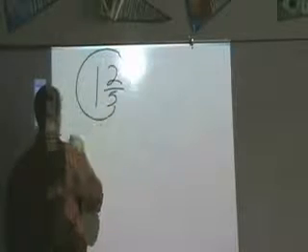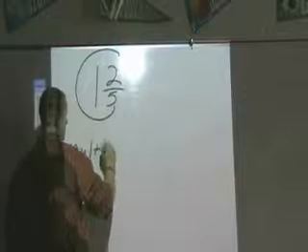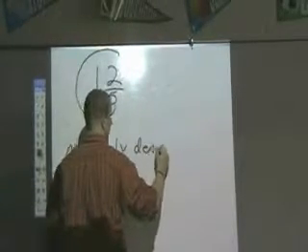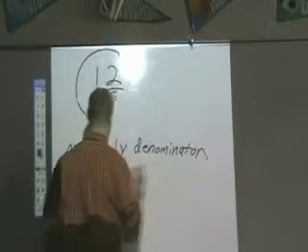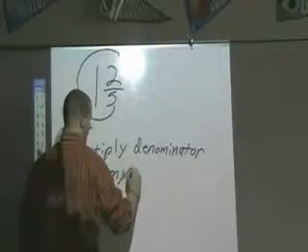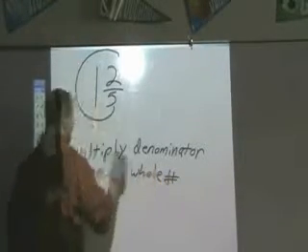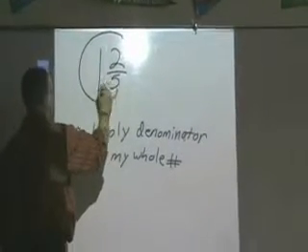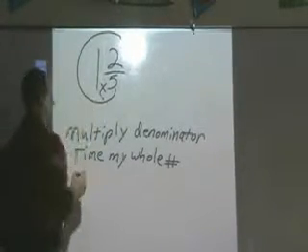I multiply my denominator times my whole number. Whatever these two values are, my denominator and whole number, I'm going to multiply them. So, that's the first part.